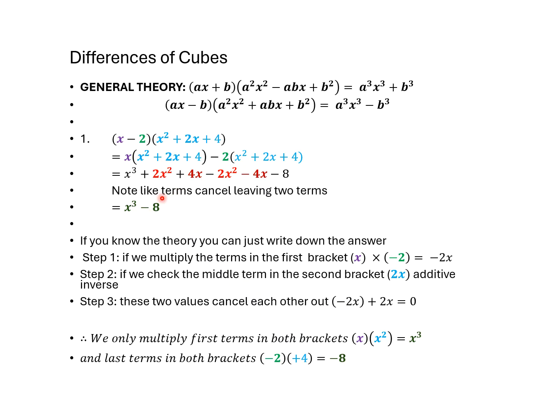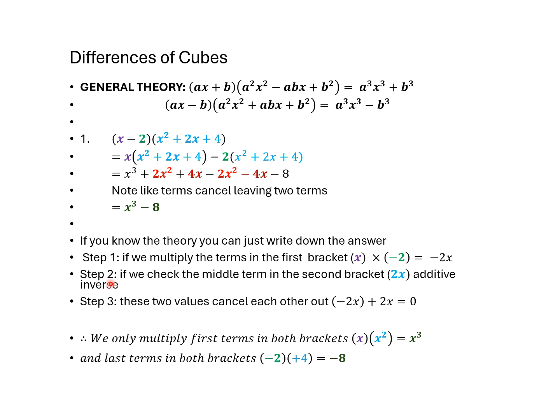Now you can solve it the long way for your 2 marks, or you should learn how to go from there straight to there. If you know the theory, you can just write down the answer. So we multiply the first term, x times minus 2, gives me minus 2x. Then we check the middle term in the second bracket, which is positive 2x.